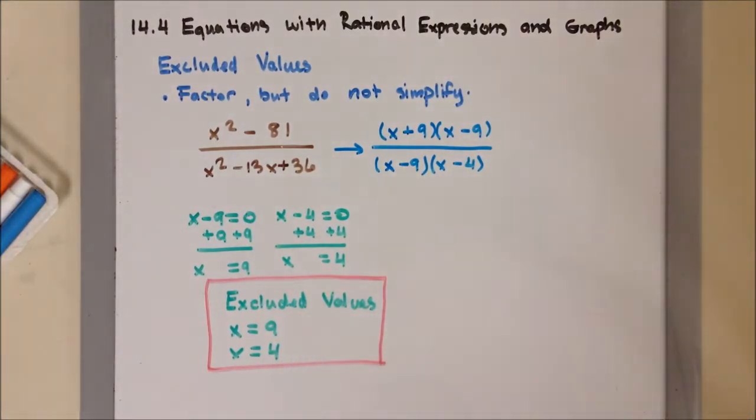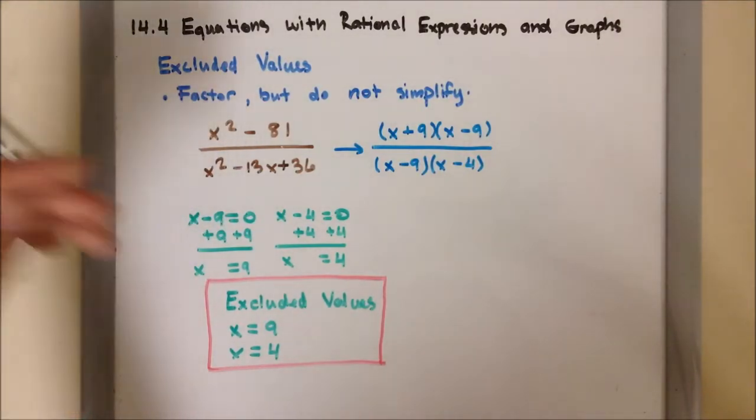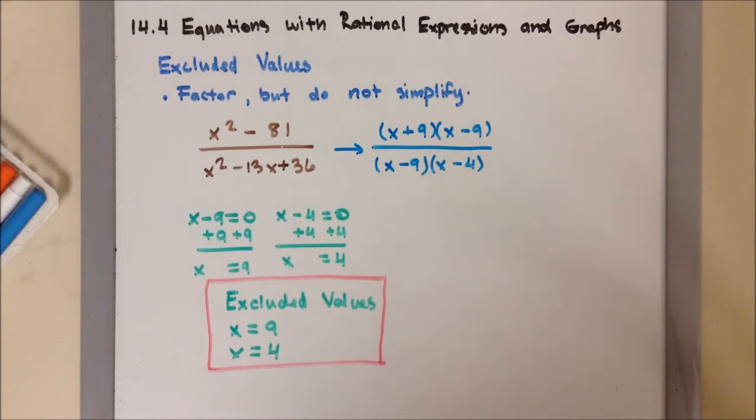Now the reason I emphasize that you have to state these are your excluded values is that, if you didn't state it, it ties into what I said before, where you're finding numbers that are not in the domain.